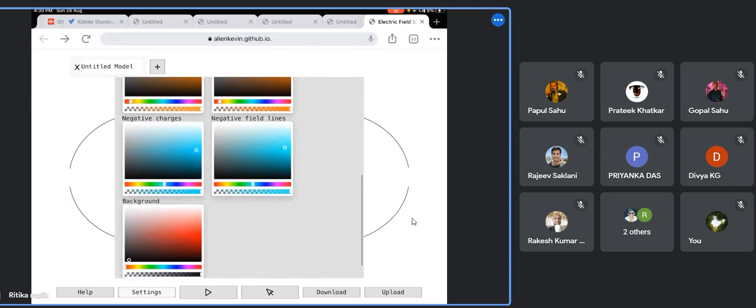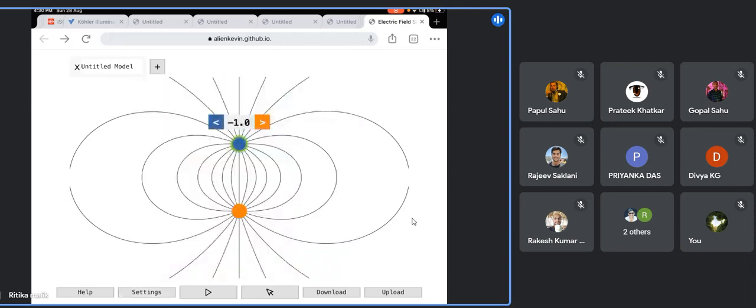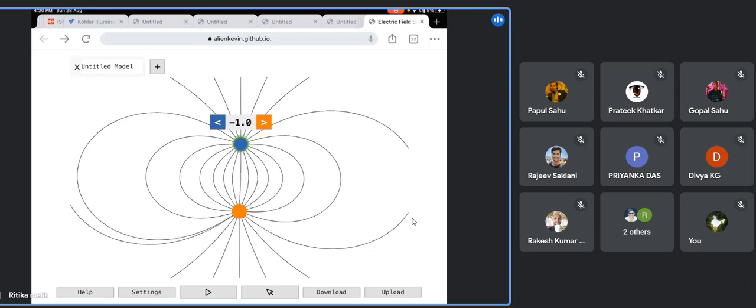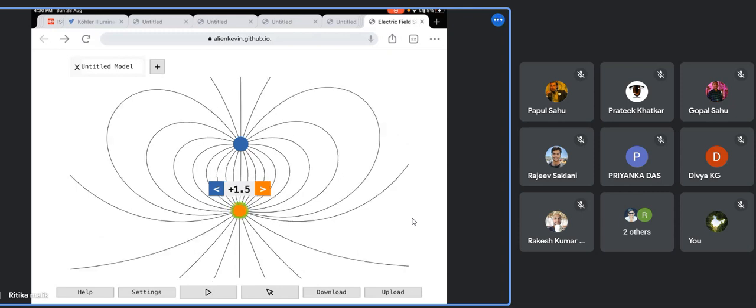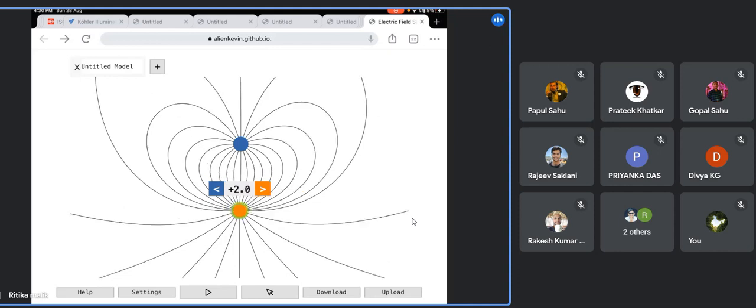Okay. So in this animation, we are given a negative charge of -1 and a positive charge of +1. So the electric field will be more like a dipole electric field. Now what I'm saying is, let me change my charge plus Q. So now I have +2Q charge.